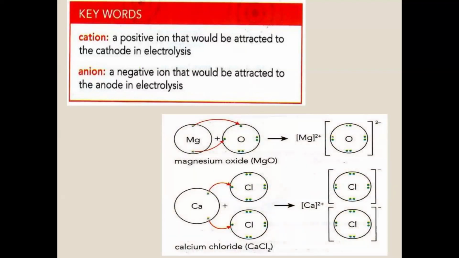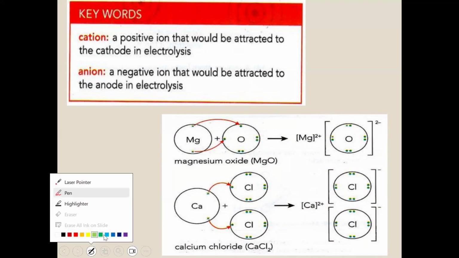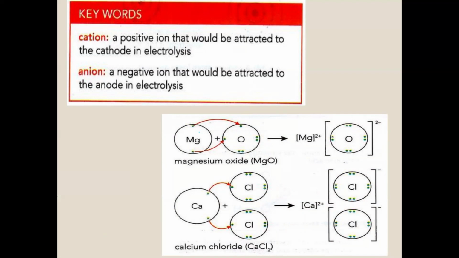Magnesium oxide is an example. Magnesium loses the electrons in the outermost shell and forms a positive 2 ion, because the total positive charge of the magnesium will be more than the total negative charge by 2.